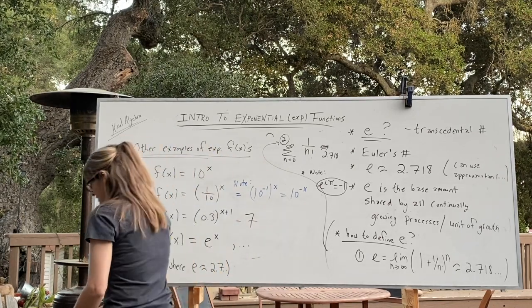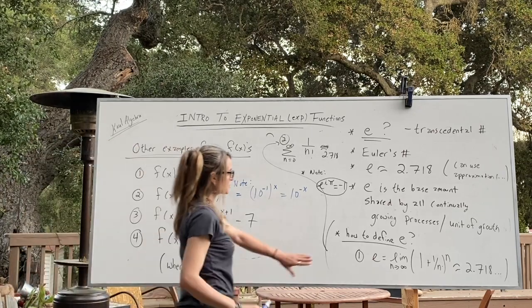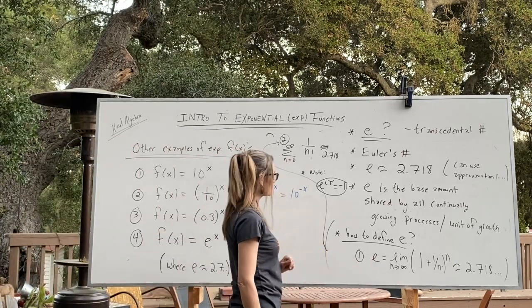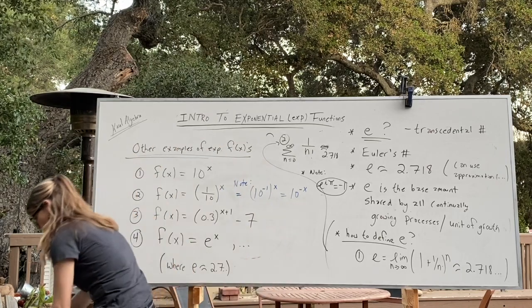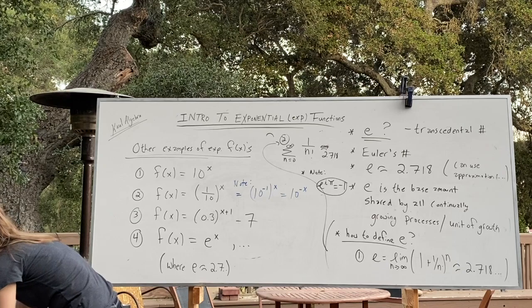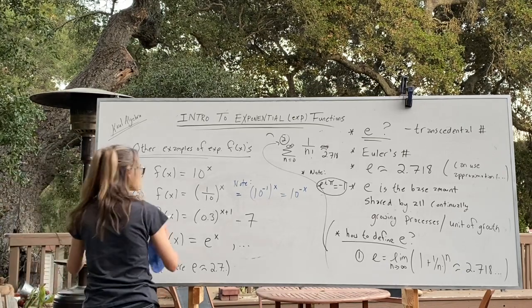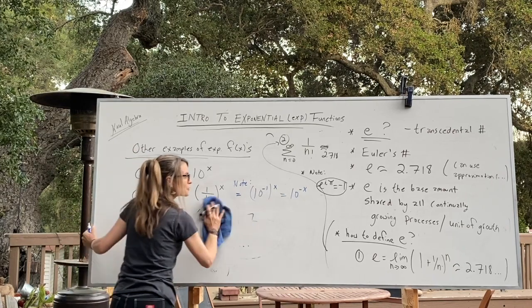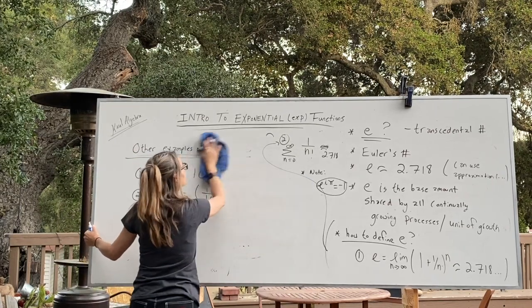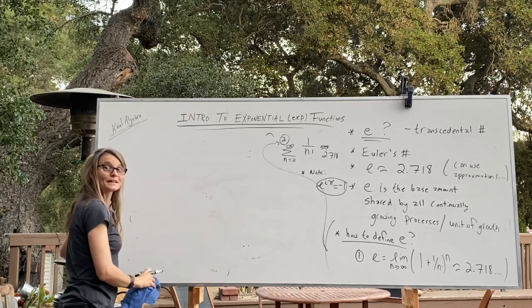So those are some of your standard definitions. You could also define it through your graphs and your curves. But for us, all we really need to know is the approximation for e, and know that it is between the curve 2 to the x and 3 to the x, because it's 2.718.